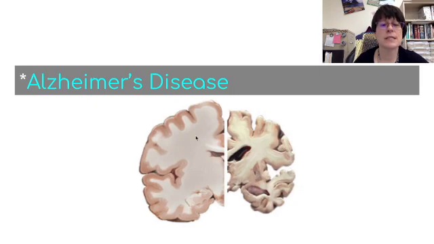You can see over here is a normal brain. This is the brain of somebody with Alzheimer's. So you can see that it just deteriorates that brain. They have a lot fewer neurons. There are these deposits called plaques and different things in the brain that also disrupt the function of the brain, causing that memory loss and then loss of control of the body.